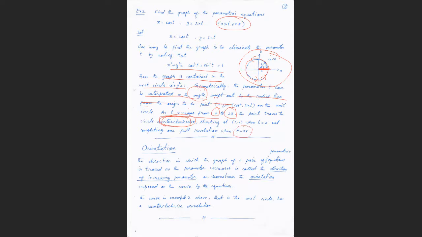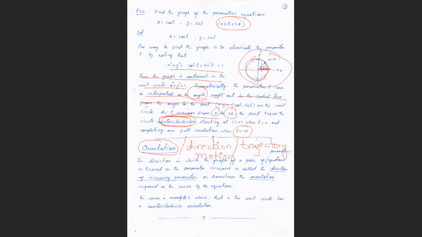Okay, this is clear. Now the next is orientation. Orientation is also called the direction, also called the trajectory, also called the motion, also called the movement.